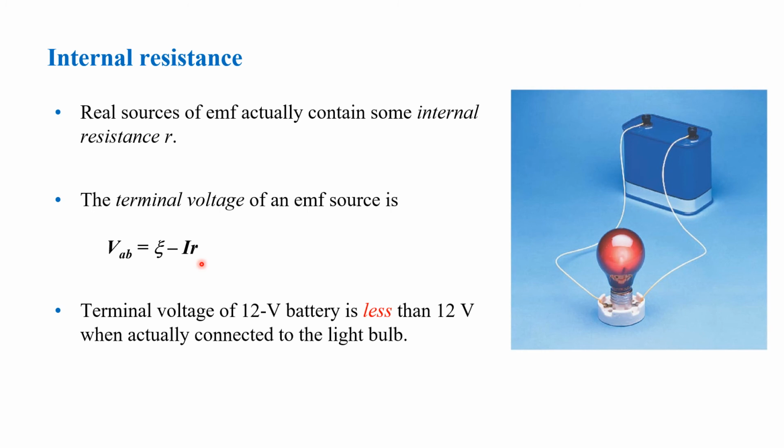But if you now take your voltmeter and measure the potential difference across your battery, you only measure around 8.9 volts. And it's only 8.9 volts even if it's new, because a real source of EMF contains some internal resistance R here, which subtracts some potential from your battery. The terminal voltage of a 12-volt battery is less than 12 volts when actually connected to the light bulb.